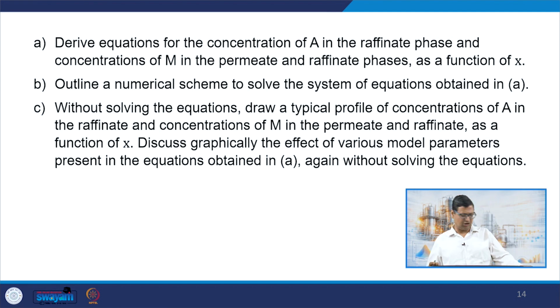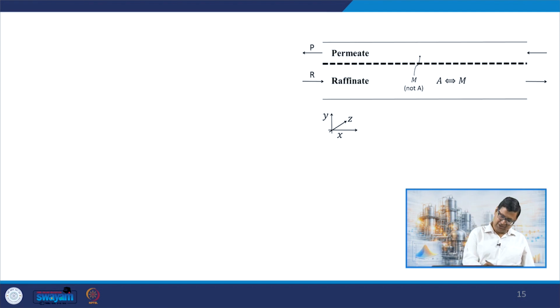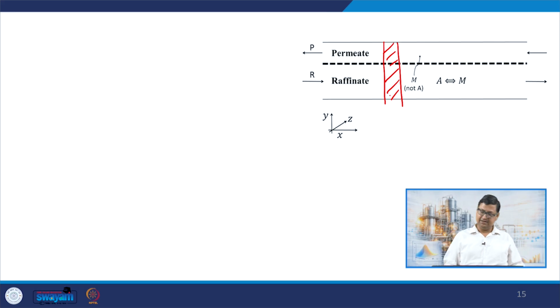I will not completely solve it, but just set up the problem. In this case, I will consider a differential element, and then write the mole balance of A in the raffinate phase. So how can we write the mole balance? Let us say this is x and this is x plus delta x.